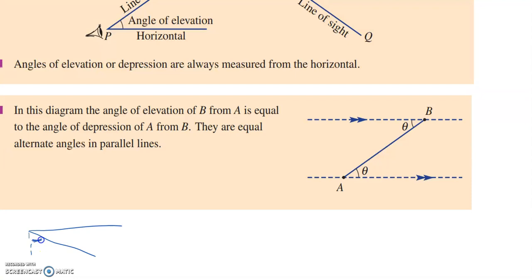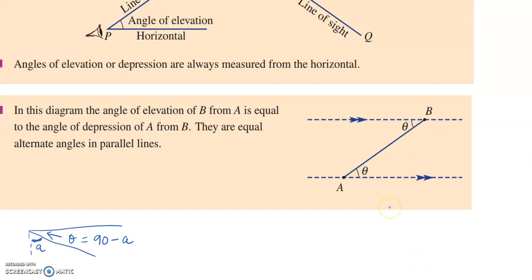If that angle is given, you need to know that this is a right angle. Therefore, the remainder angle over here will be equal to 90 take away, if this is angle A, take away angle A.